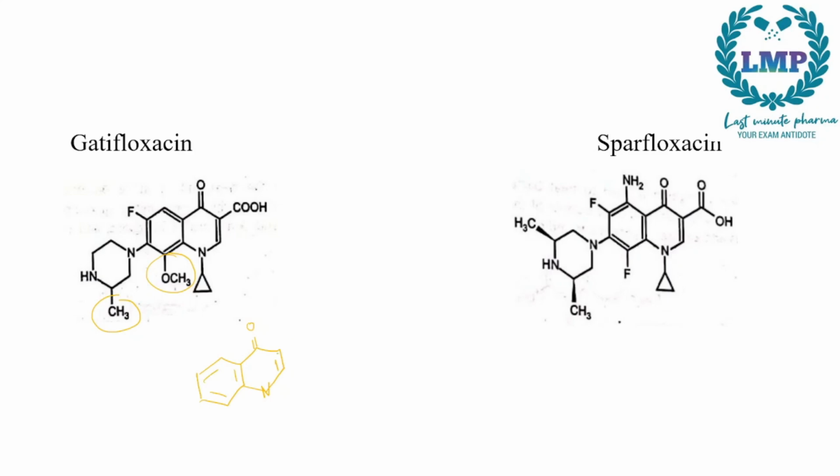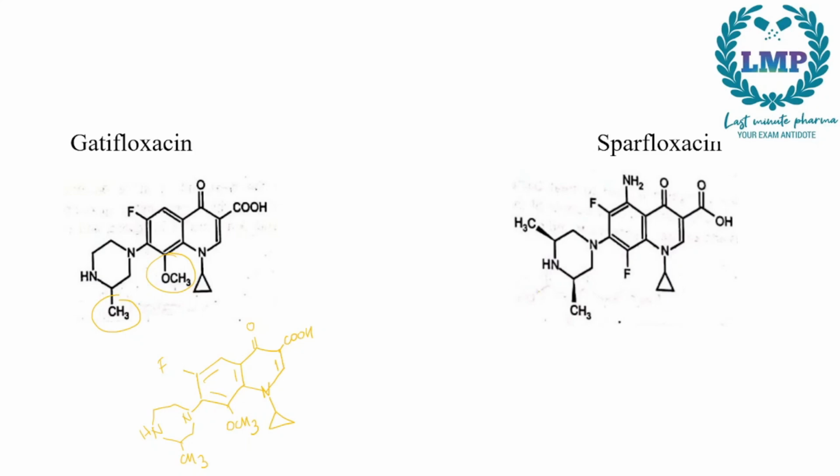Next we add COOH, and then we will add a cyclopropane right here, a piperazine right here, then a fluorine group right here, and to this ring we will add a CH3 group right here and a methoxy group right here. So this will give us our gatifloxacin.